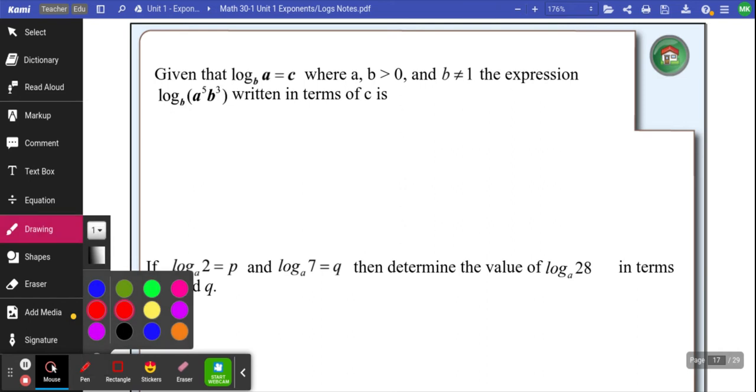So it says, given this. So they gave me some info. Then they defined that info. Again, this doesn't make a difference to us. So a, b greater than 0, b doesn't equal 1. It's irrelevant information to us. It does matter.